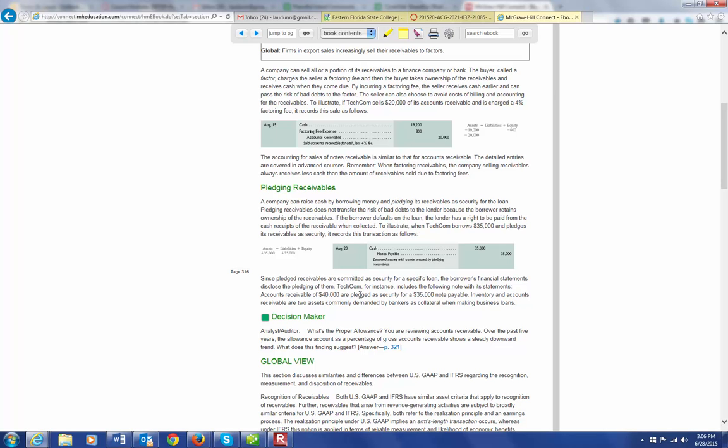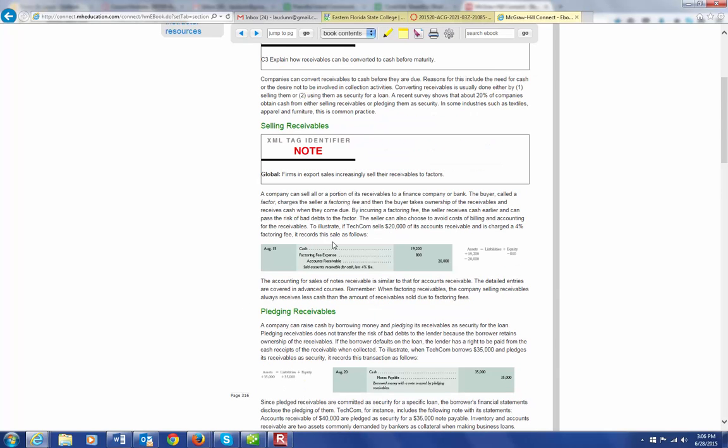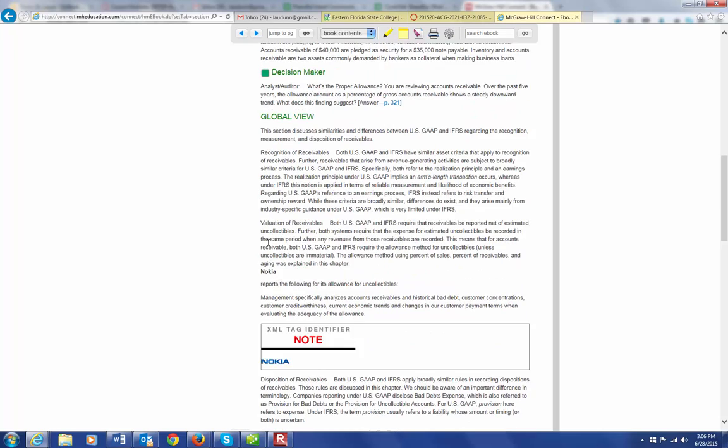They didn't get $40,000 because they're taking into account that some of this may not end up being received. But they had to pledge $40,000 of their accounts receivable to get the $35,000. But this is the entry you would make when all you're doing is pledging as opposed to actually selling the receivables to a bank.